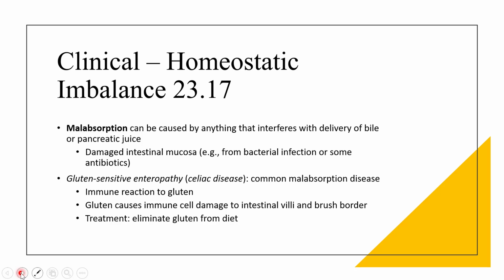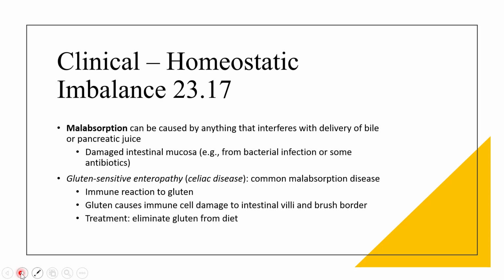Now, poor absorption or malabsorption can be caused by anything that interferes with the delivery of bile or pancreatic juice. And this could be due to damaged intestinal mucosa, maybe from bacterial infection, or maybe some harsh effects of antibiotics. For instance, people who are gluten sensitive, they say that they have an allergy to gluten.